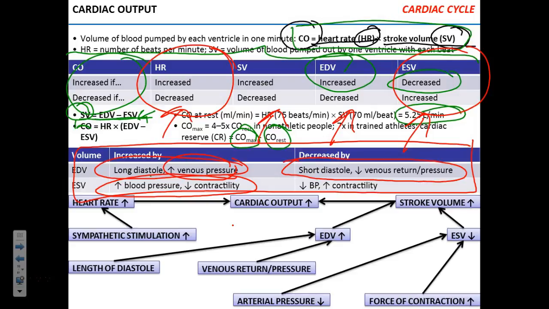Slightly lower. So the heart doesn't have to work as hard, and we're talking about rest, okay? They're both at rest. Since blood pressure is lower, what's going to happen to end systolic volume?